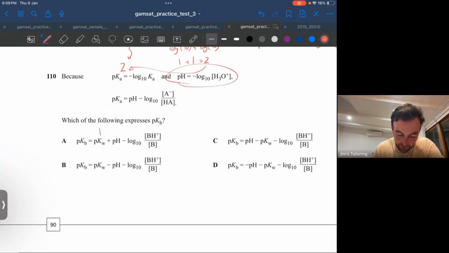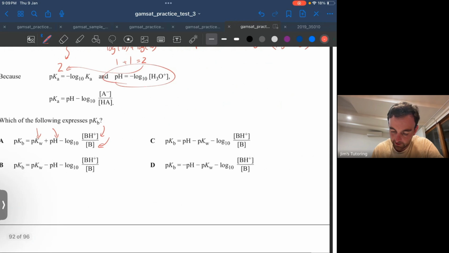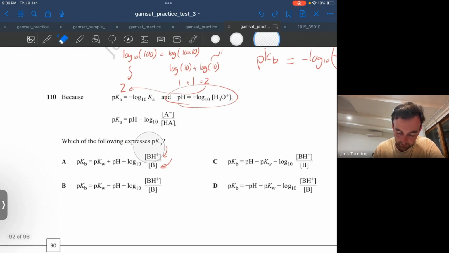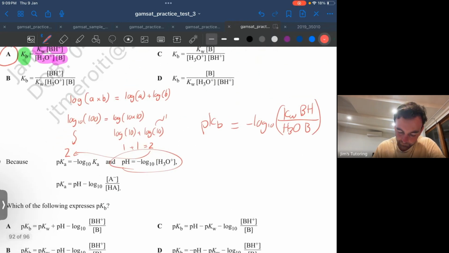Well, I have KW, so I just need to negative log it. I have H3O, I just need to negative log it. And I actually have BH and B, they're already in the log, so I actually don't need to do anything with them. If I can take these out, that's kind of the first thing that I'm trying to solve in this problem. So what I would do is I would break this up.